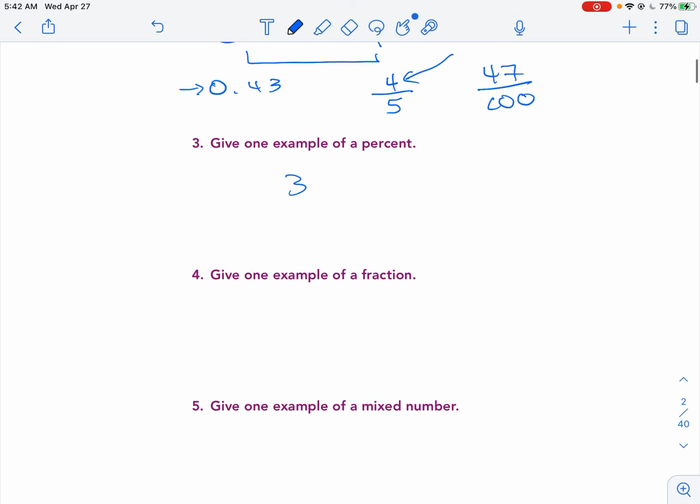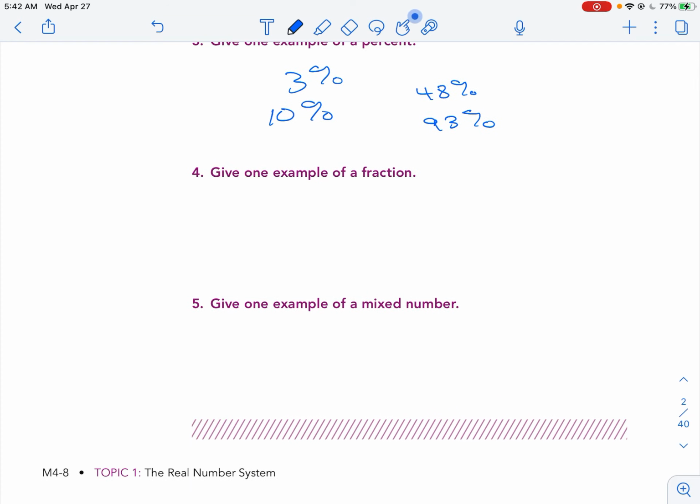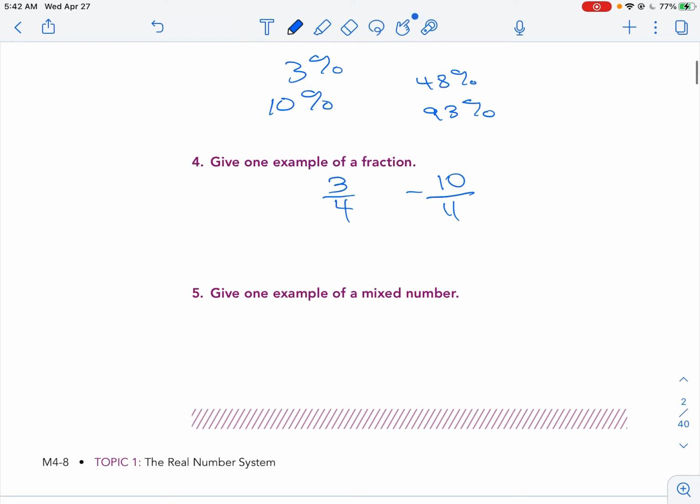Percent, 3%, 10%, I don't know, 48%. I'm just picking random numbers, 93%, whatever. Given a fraction, 3/4, -10/11. Doesn't say that it had to be positive.